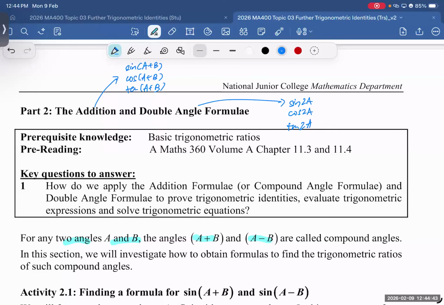Now cos A plus B, the formula is cos A cos B minus sine A sine B. Tangent A plus B is tangent A plus tangent B over 1 minus tangent A tangent B.